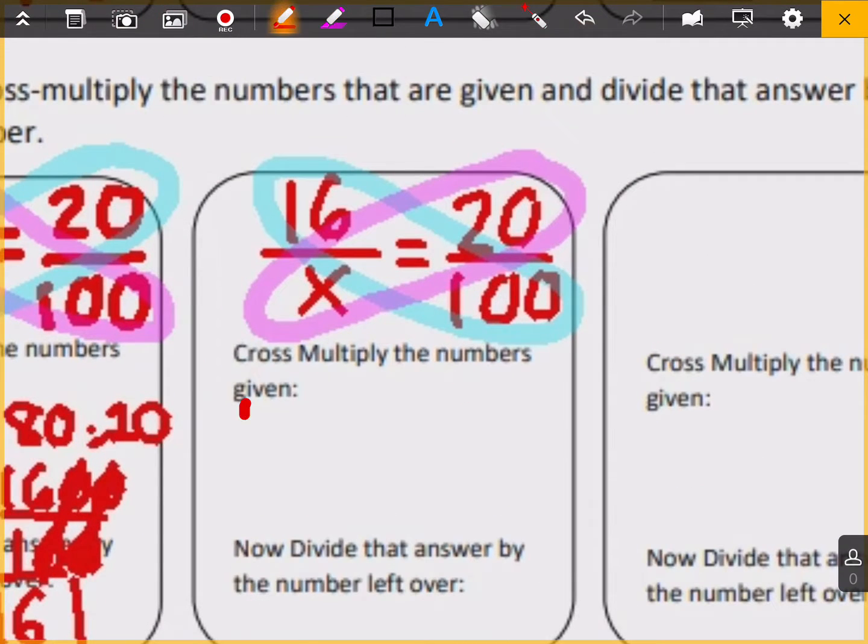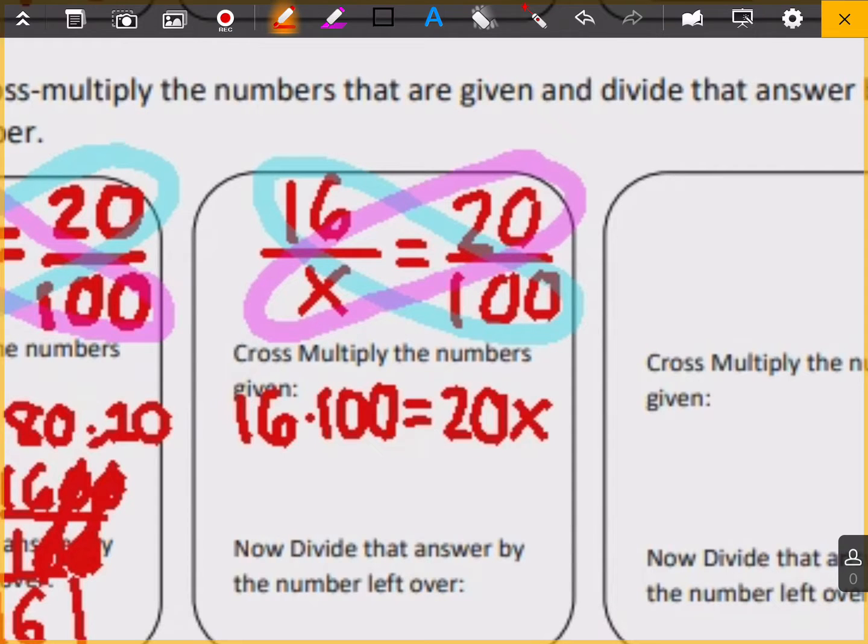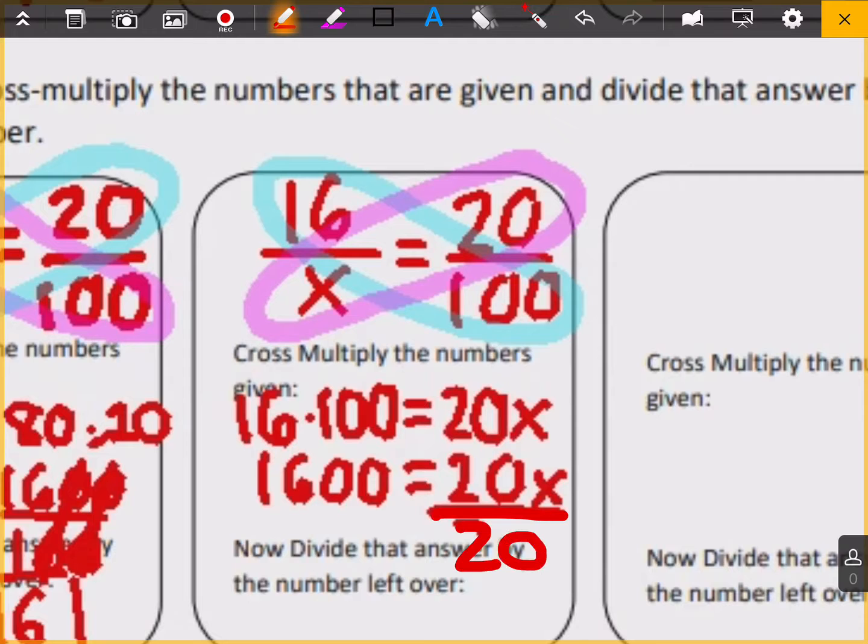So 16 times 100 equals 20x. I need to multiply this 16 times 100, and that gives me 1,600 equals 20x. Now that I've multiplied, I need to divide. So I'm going to divide by the number that is by my x, which is 20.